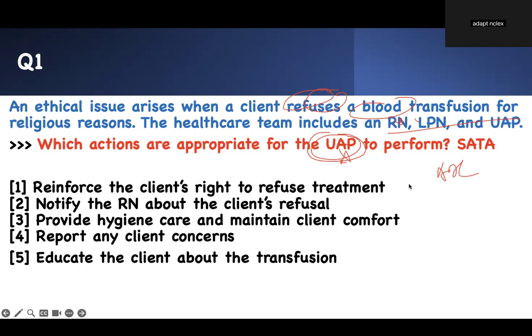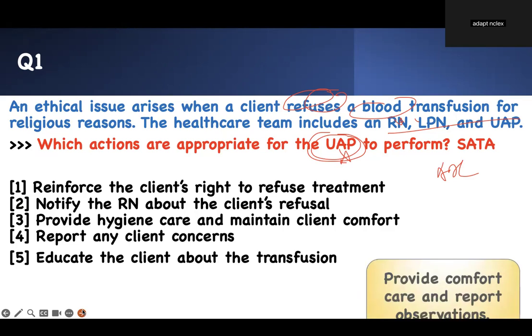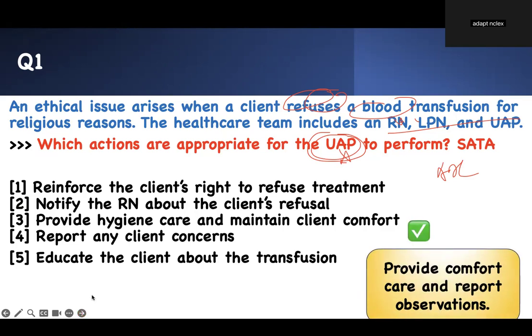Provide hygiene care and maintain client comfort is appropriate for the UAP, right? So that's an appropriate function for the UAP. Reporting any concern from the client is also appropriate for the UAP. They can report things without making an assessment.